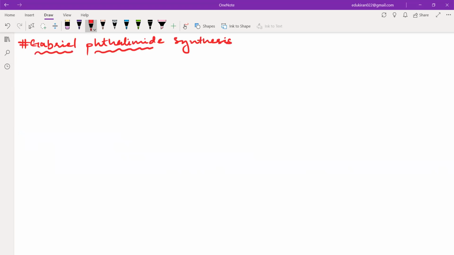Gabriel phthalimide synthesis. Okay. So first thing, you have to remember one molecule, that is a benzene ring. Here you have C double bond O, and here C double bond OH. Okay, so this is known as phthalic acid.